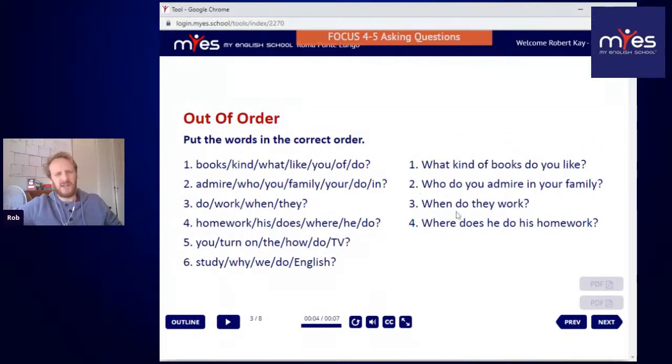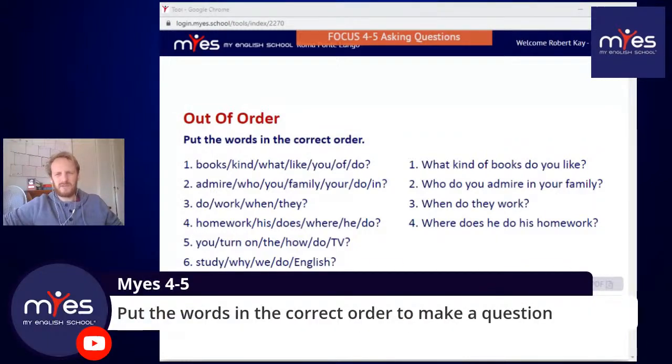So these are all types of question word. If we look at number 5, what is the question word? Do you want to write the answer? That would be very helpful. Put the words in the correct order.